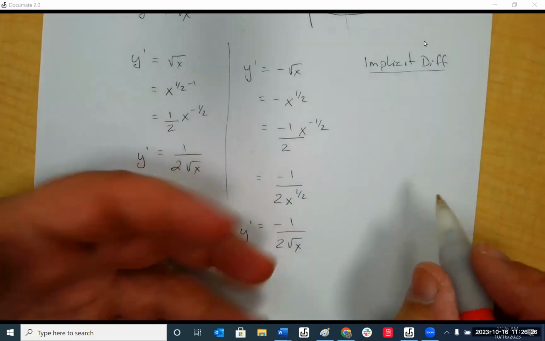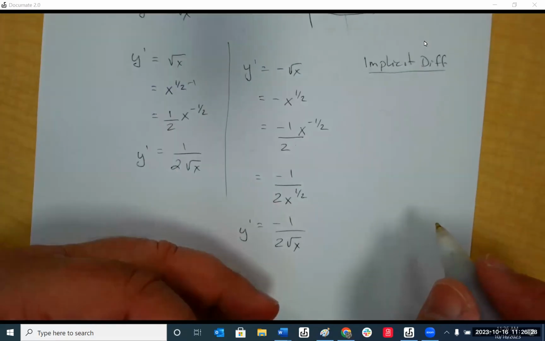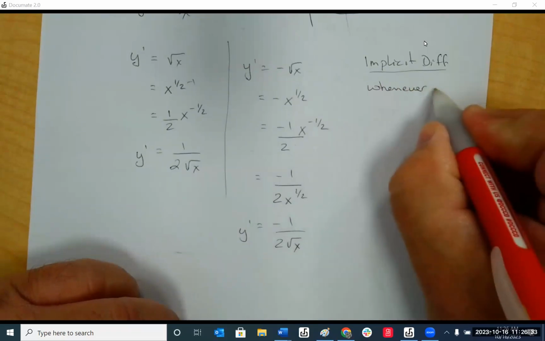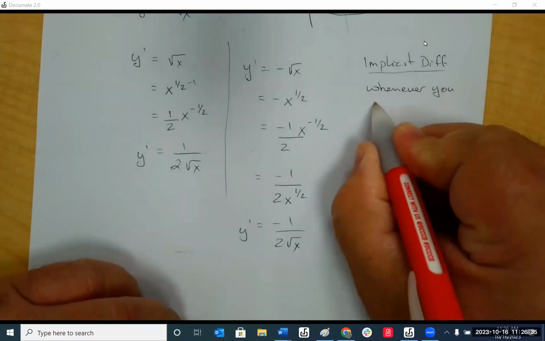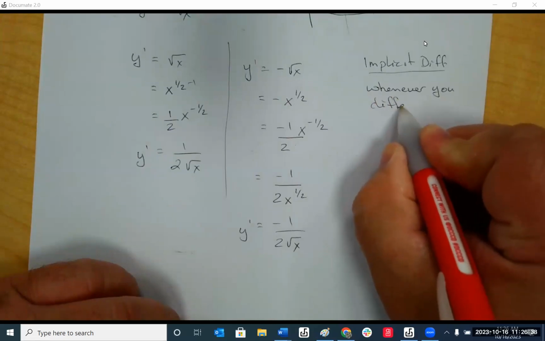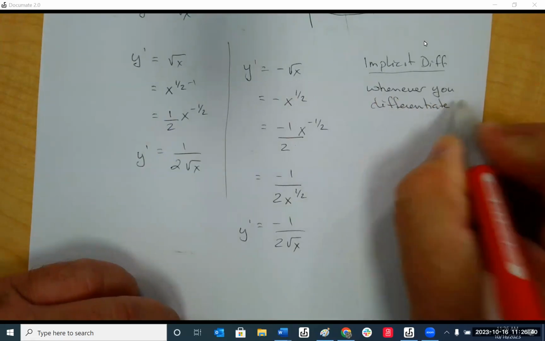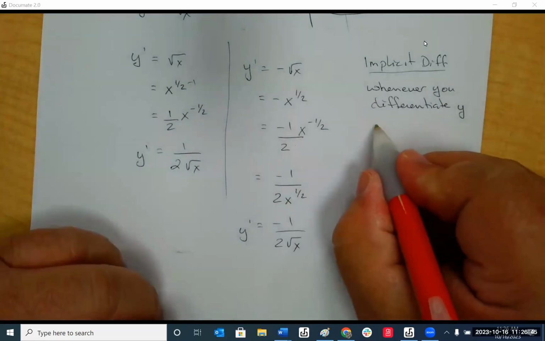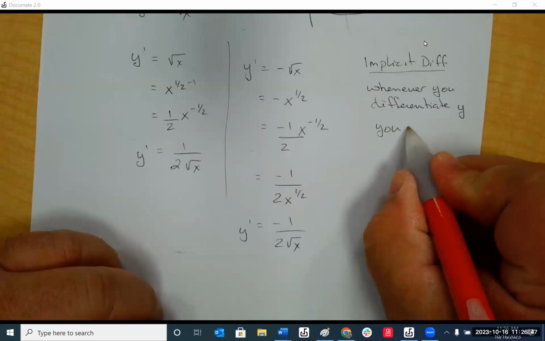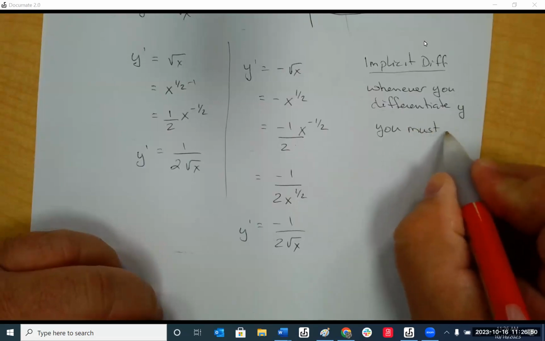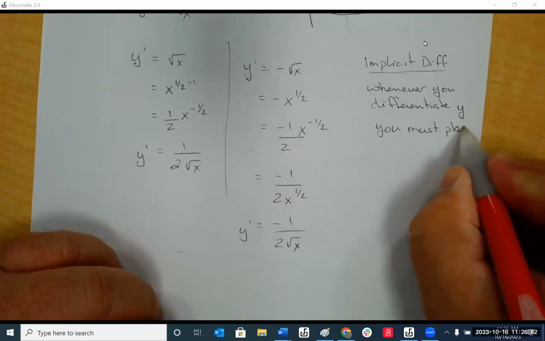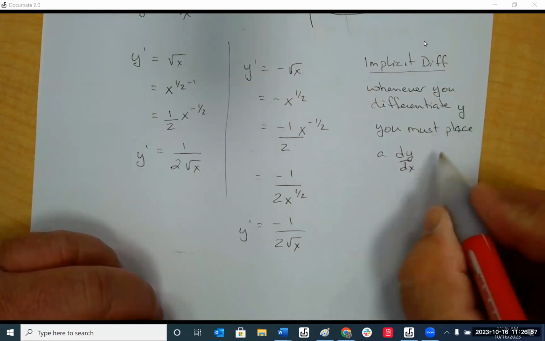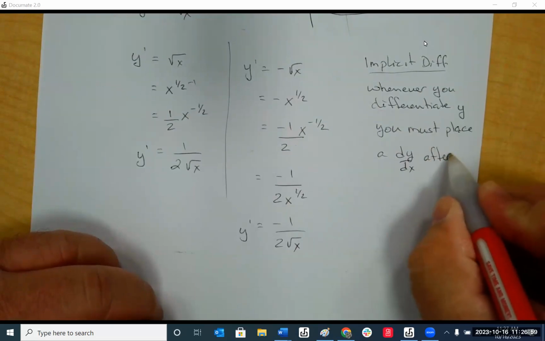when you take the derivative of x, you do it the same way you always do. Whenever you differentiate y, you must place a dy dx afterwards.